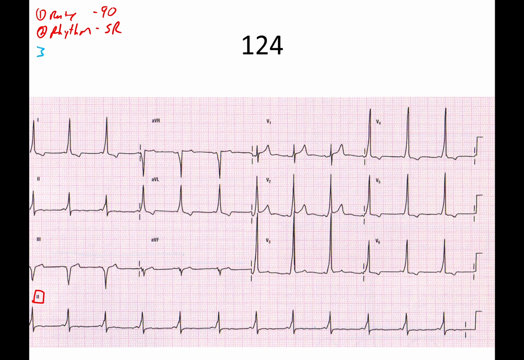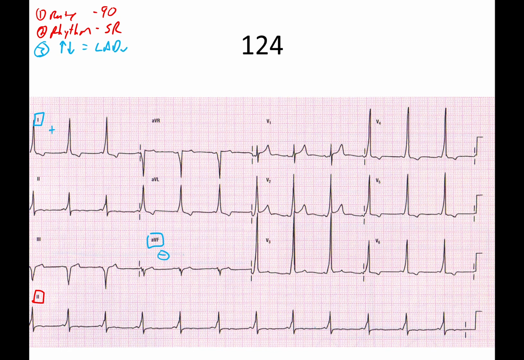And so we're going to look in our lead 1, which is positive, and our lead AVF, which is negative. So we have a positive and a negative, which gives us, if you look at your handout, a left axis deviation.